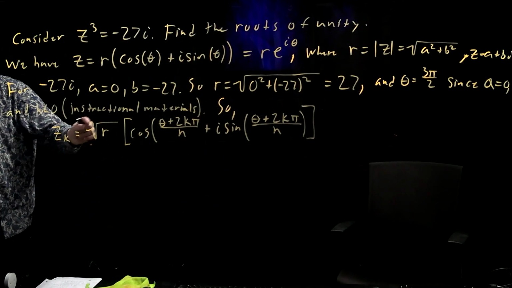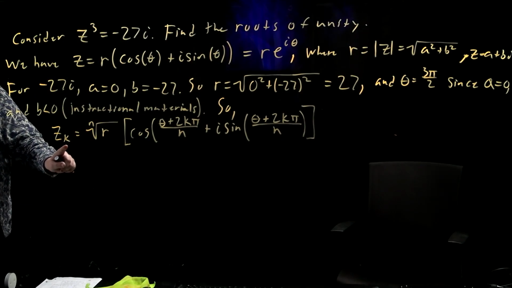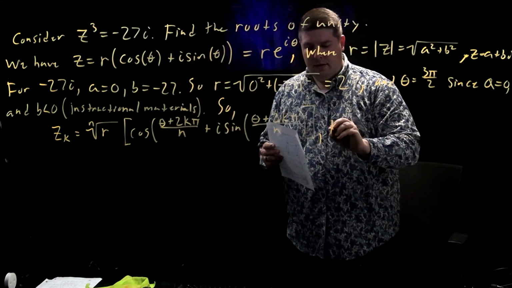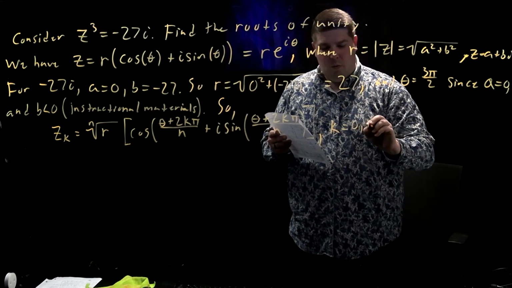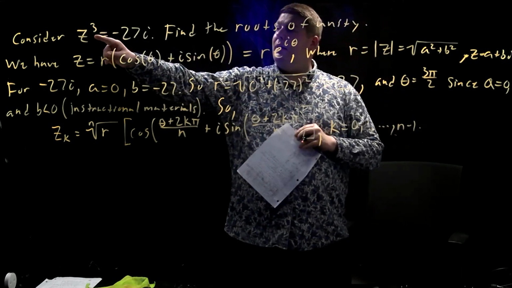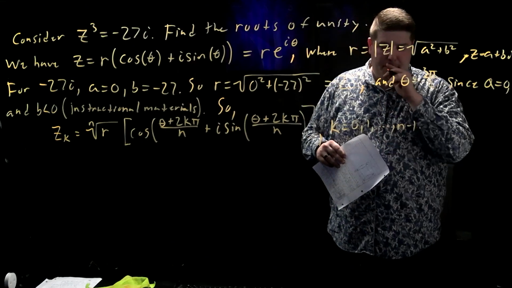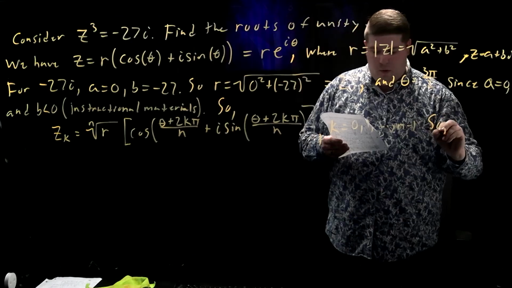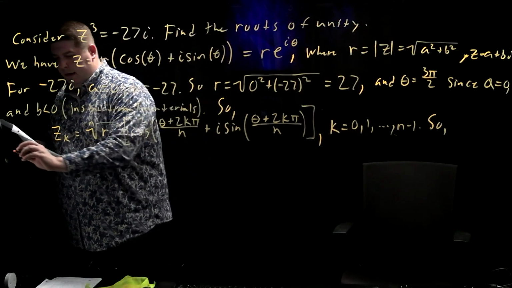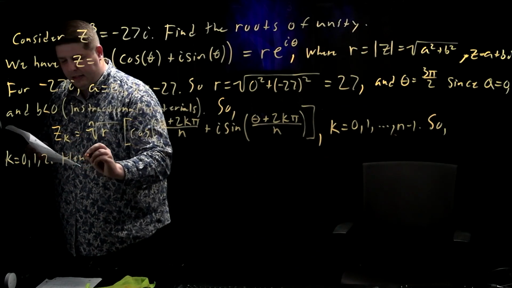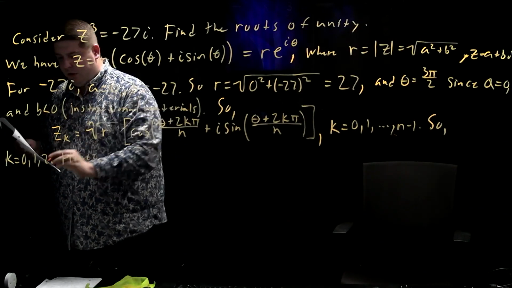So our solutions are going to look like that, okay, where k is equal to 0, 1, all the way to n minus 1, okay? Where k is like our n here, okay? So n minus 1 is 2, because 3 minus 1 is 2. So what we have, k equals 0, 1, and 2.